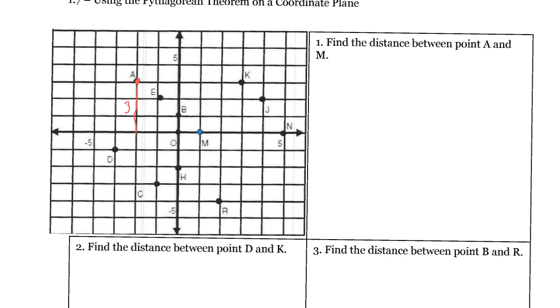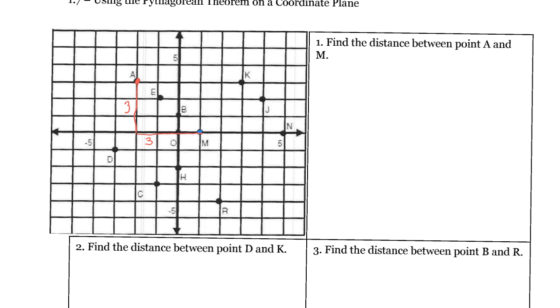So we went down 3 and over 3 to get to M. Sorry about that. So now we're going to plug that into the Pythagorean theorem.